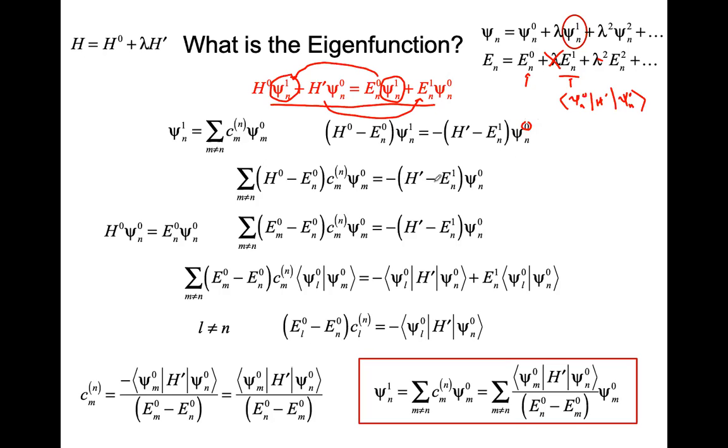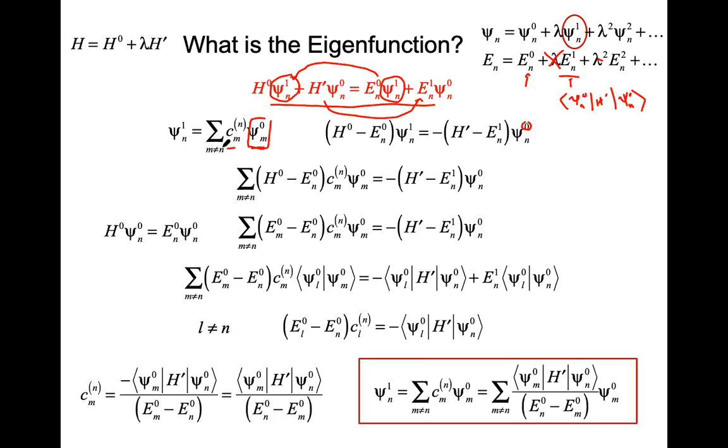Then I'm going to make a proposition that this first order correction to the eigenfunction is just a coefficient times the 0th order, and I'm indexing m here instead of n, the regular ones that we studied back in chapter 2, with some coefficient in front of it that changes the amplitude of each one, in a series.